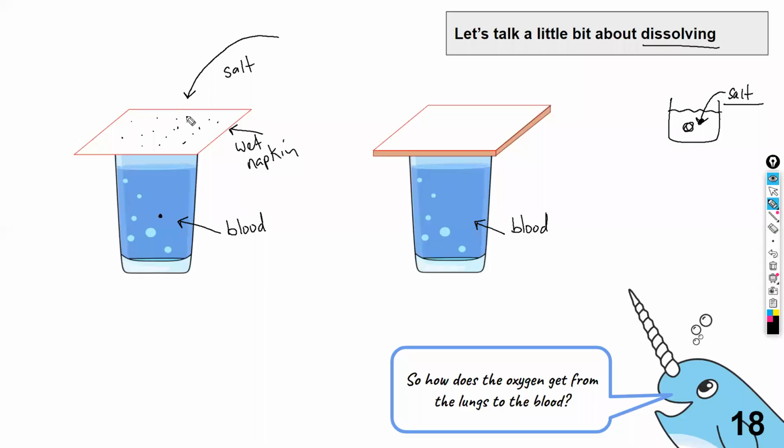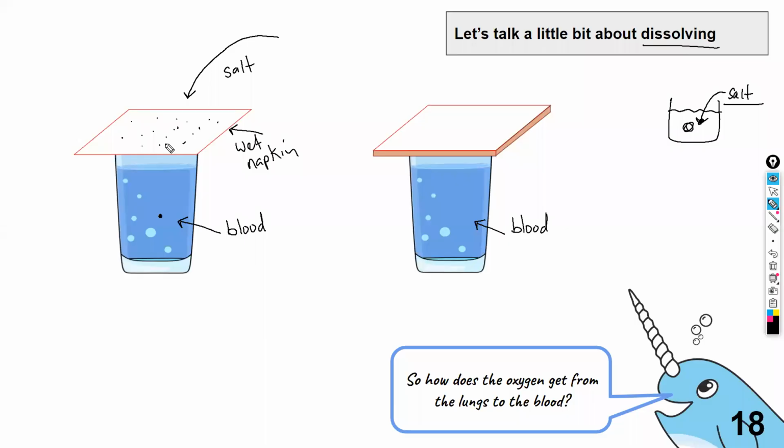Well, what do you all think? Do you think it's possible? I think yes, it is possible, because the napkin is super wet. Well, when you throw the salt on it, the salt will dissolve, and of course it will slowly what? Seep through, and some of it will make it into the blood.